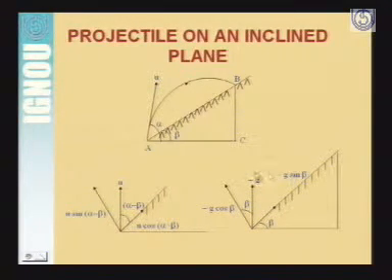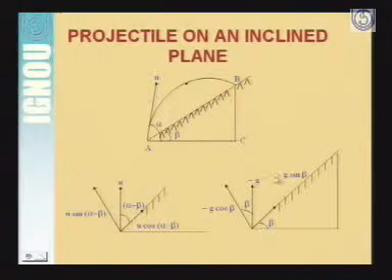So what we have discussed till now is that we have considered the component of the velocity u along the inclined plane, that is u cos(alpha minus beta), and the component of the velocity u in the direction perpendicular to the inclined plane, that is u sin(alpha minus beta).